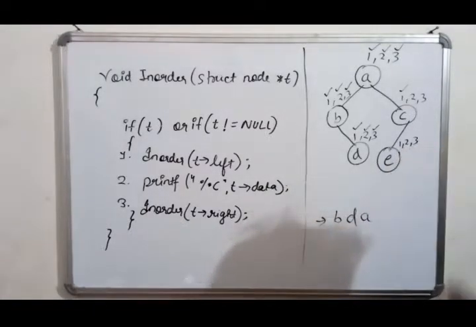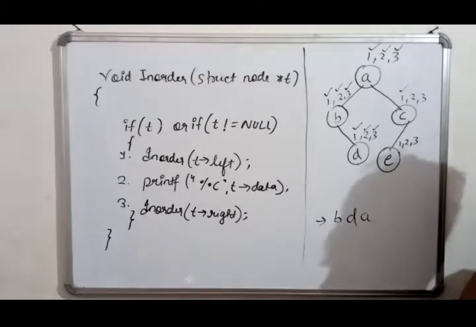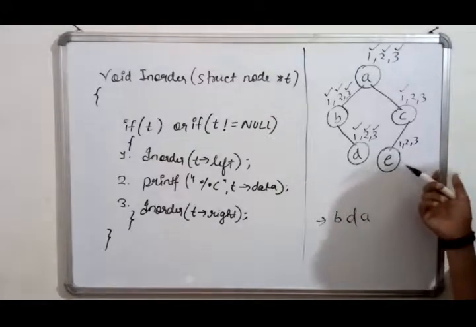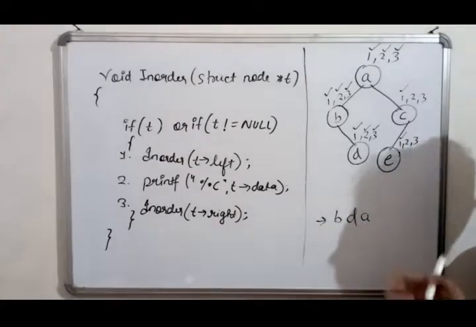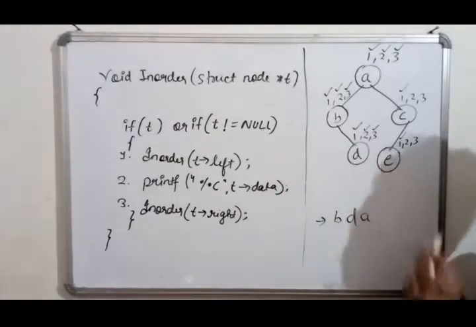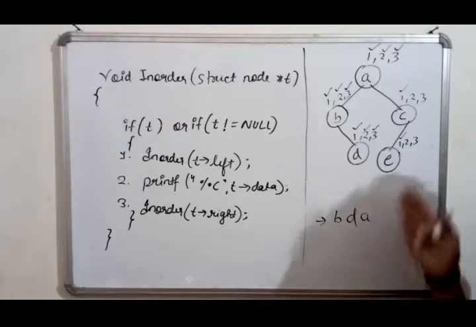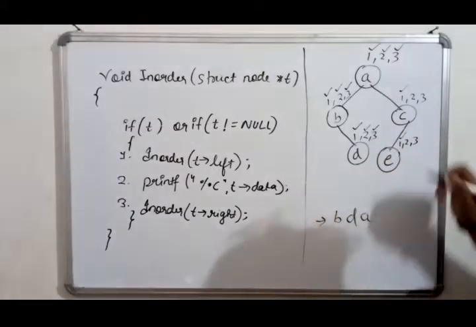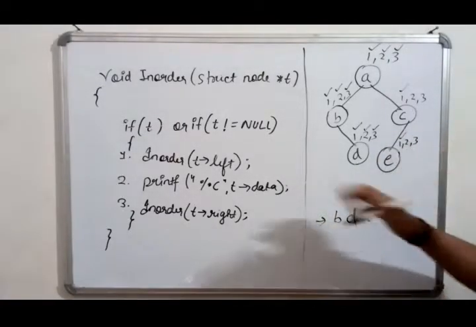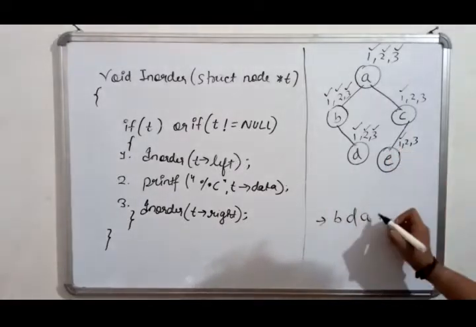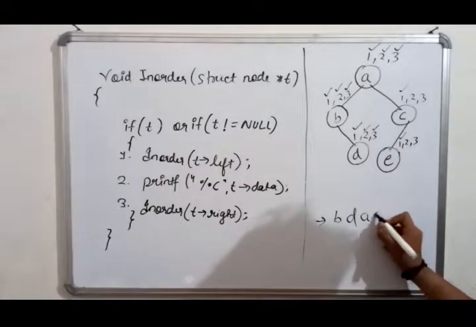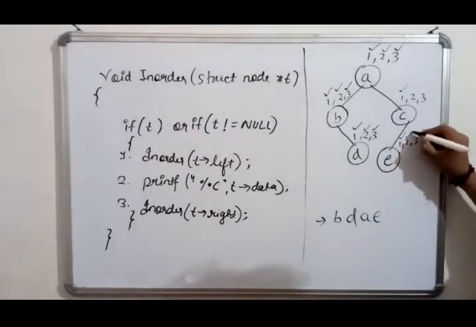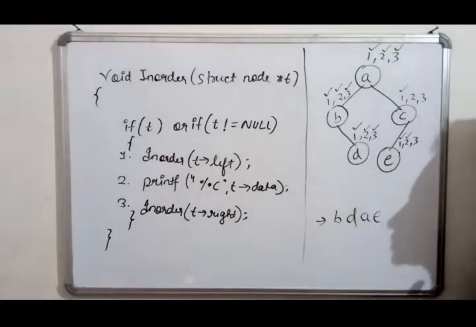1, 2, 3. So it will first check whether it is null or not, and E does not have any left child, so it will simply return whenever it gets called by its left address. Now its second instruction is to print the data, that is E. So the second instruction of E is also executed.